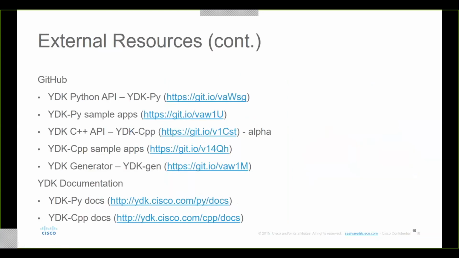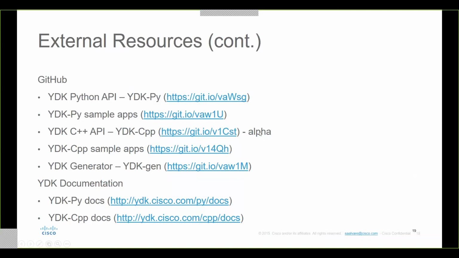So some of the external resources that you have available, I mentioned before that we have a lot of repos on GitHub. YDK-Py is the repo for the Python APIs. We have YDK-Py samples, that's the repo that has over 500 sample scripts. We have the YDK C++, which is called YDK-CPP repo.